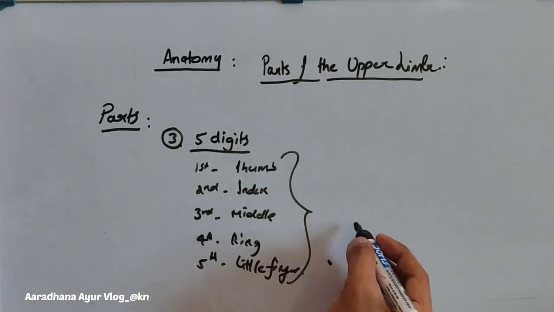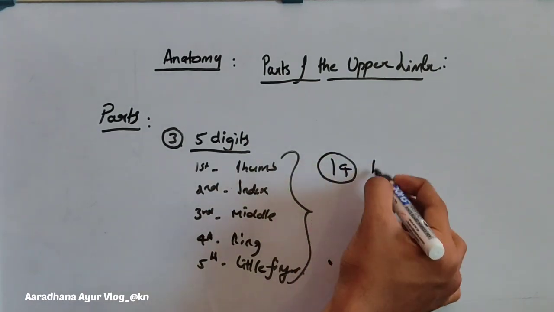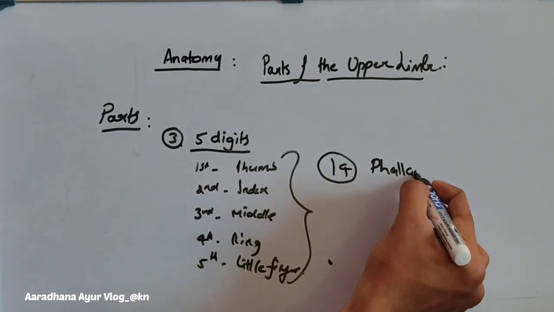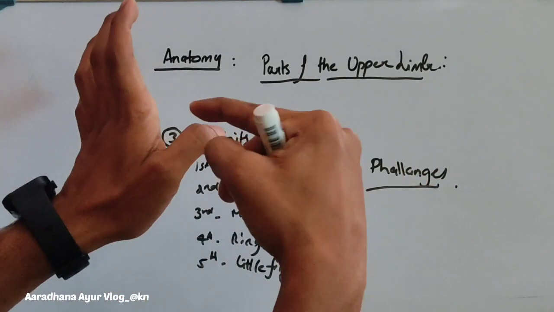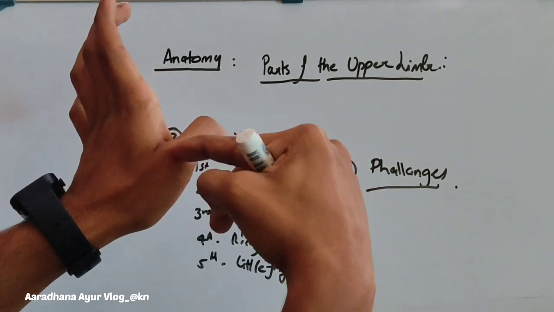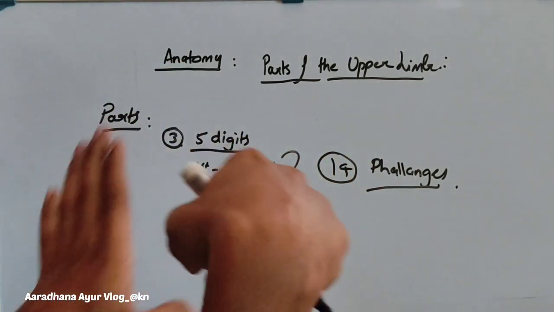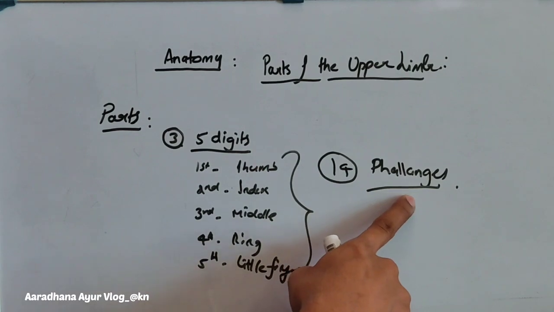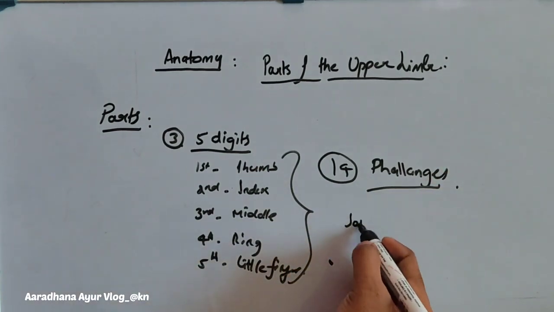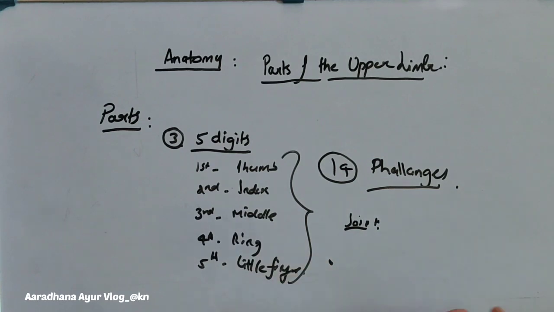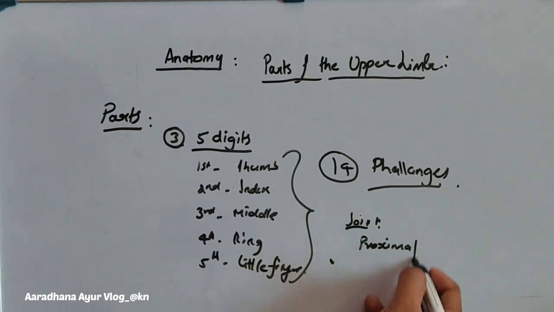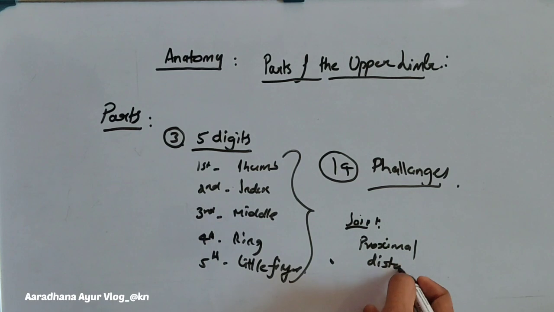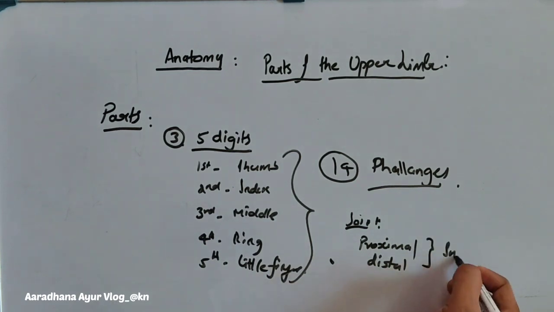The bones coming here are the 14 phalangeal bones. We call them phalanges. 14 phalanges are there. That is 2 phalanges in the thumb and the remaining have 3, 3, 3. So there are 14 phalanges, and the joints they make are the proximal interphalangeal joint and the distal interphalangeal joint.